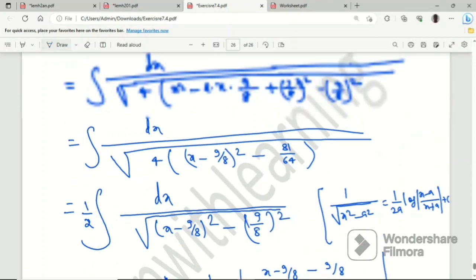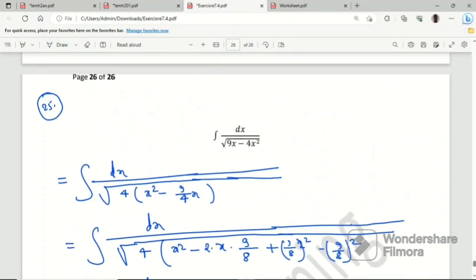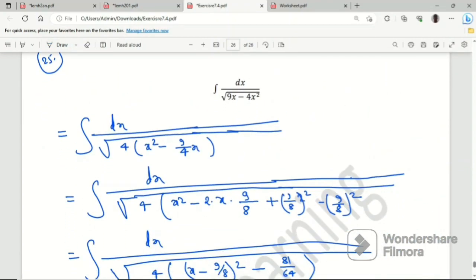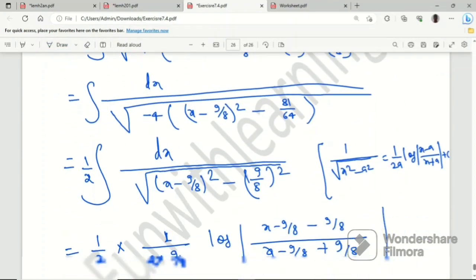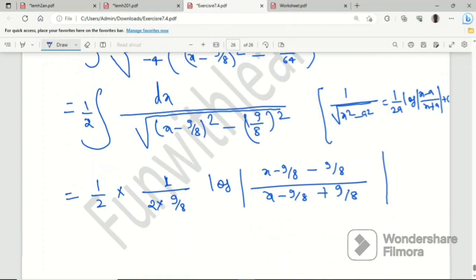Wait 1 minute, what we have done. Okay, here it was 9x minus 4x square. So we have made a mistake. So it will be minus 4x square, I have taken common, okay. It is minus 4. So minus is there, so it will become plus and minus.